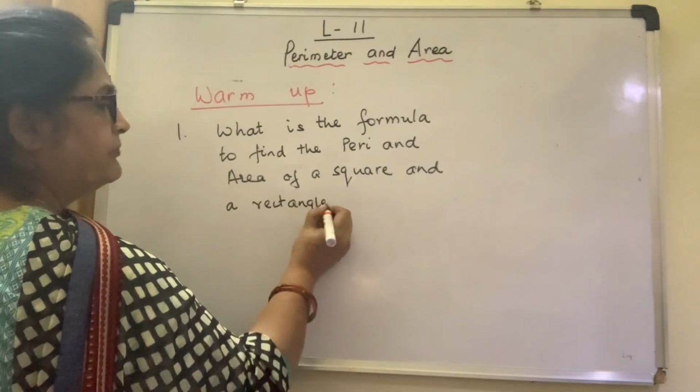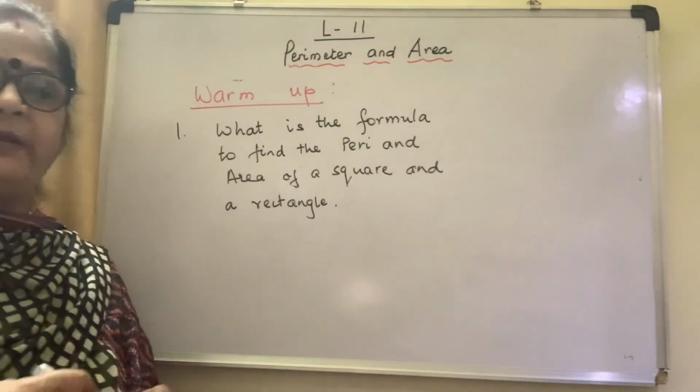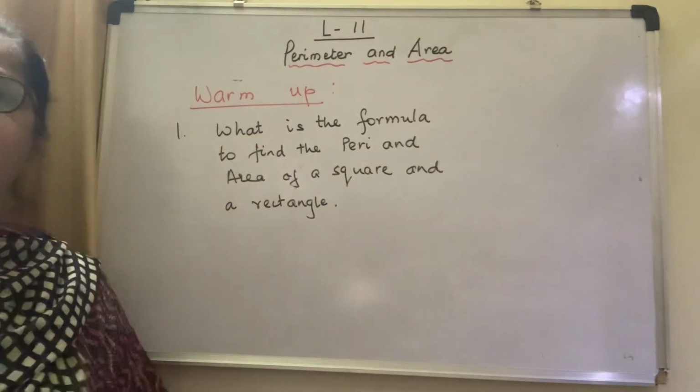So this is your warm-up. You should know how to find the perimeter and area of a square and a rectangle.